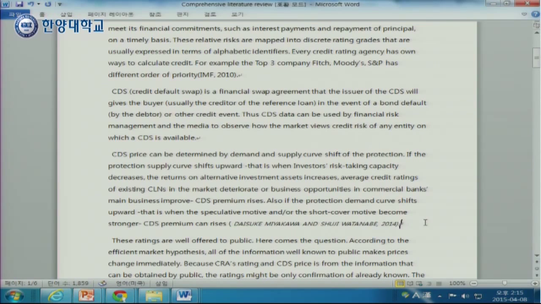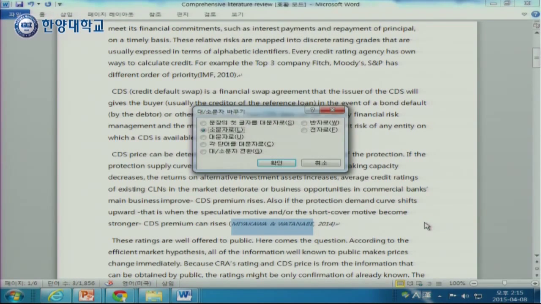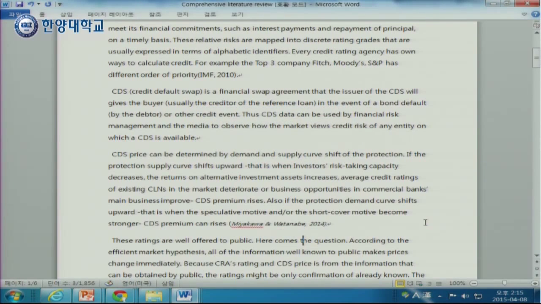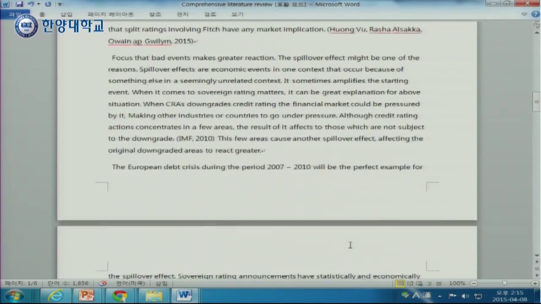And when you cite, you don't write down their first name, just the last name. Miyakawa and Watanabe, 2014, and no italics. And then we should be able to find this paper in the list.